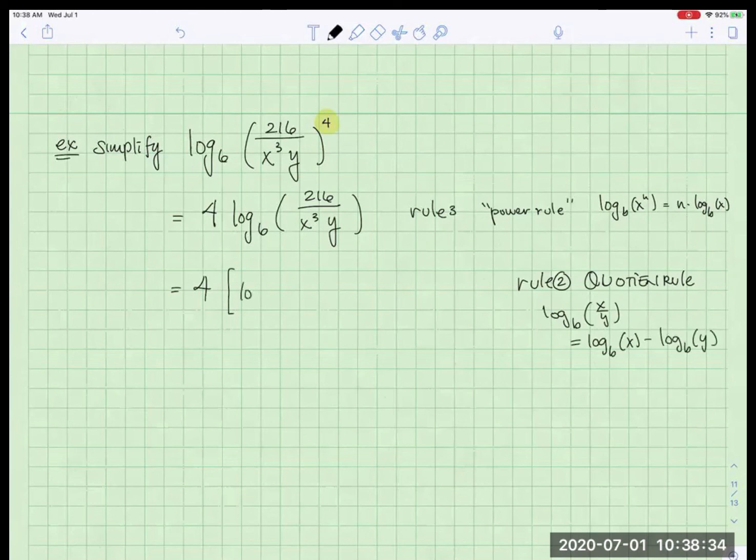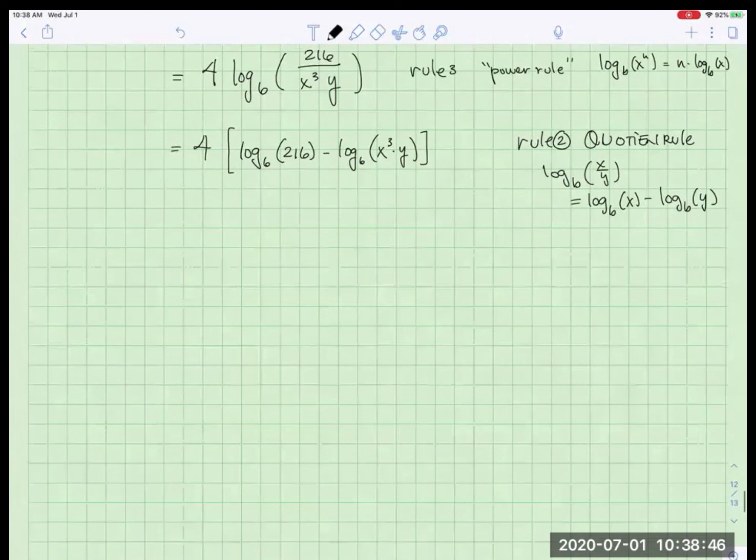So this is log base 6 of 216 minus log base 6 of x cubed times y. If I distribute the 4 here, I'll get 4 times log base 6 of 216 minus 4 times log base 6 of x cubed times y.